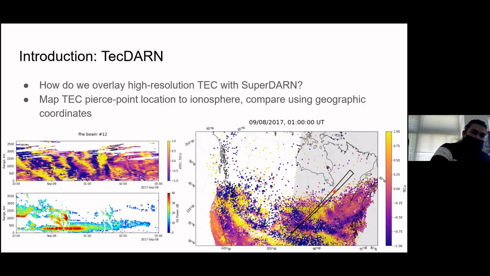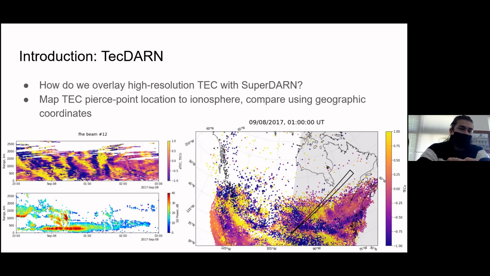And then if the point is within the mean, you measure the slant range that it would have to the radar, and then you just plot it on an RTI plot. So the effect is if one of the SuperDARN radars could see TEC, which of course they can't, but I want to compare the two data sets as closely as possible. So this is the method I came up with.